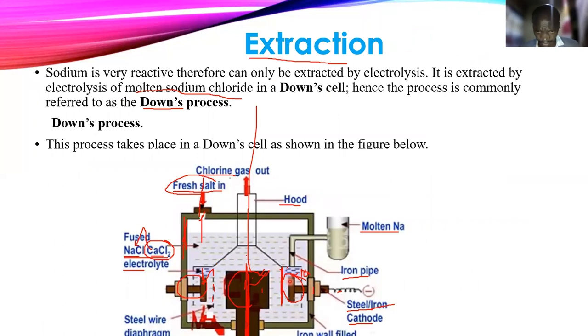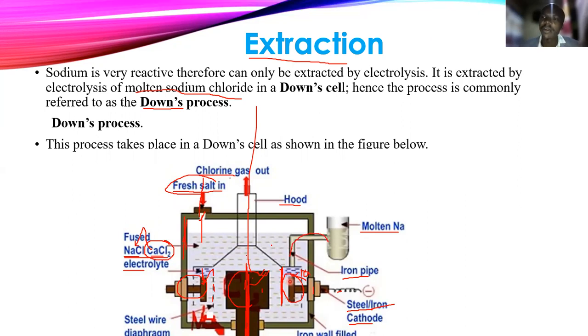But being that the molten sodium is less dense than sodium chloride, it floats at the top. Being that it is floating on the top, it is now tapped out periodically. So you have to understand that.